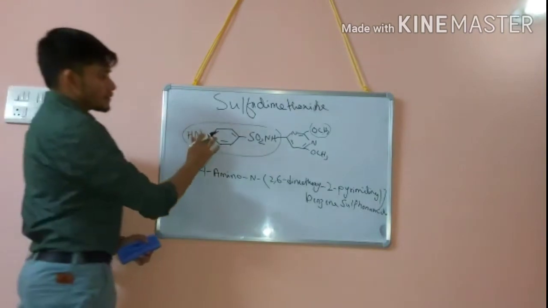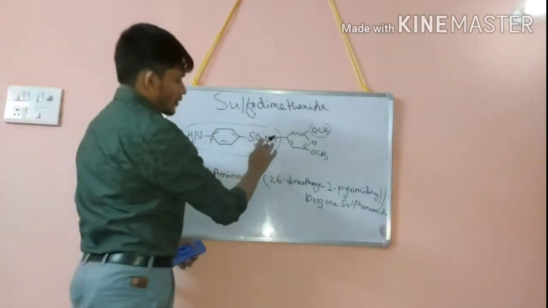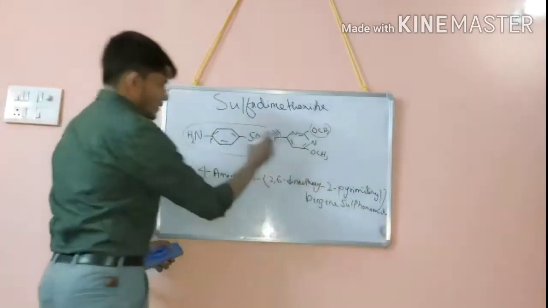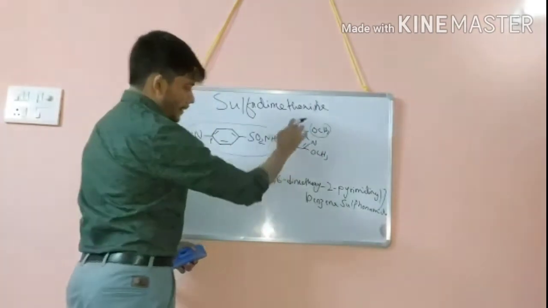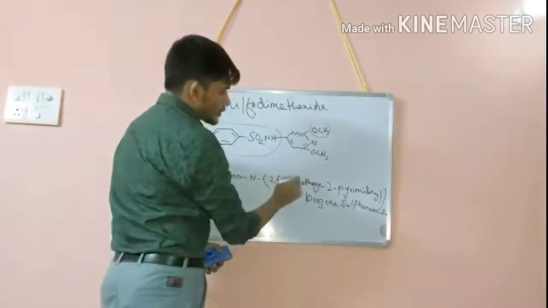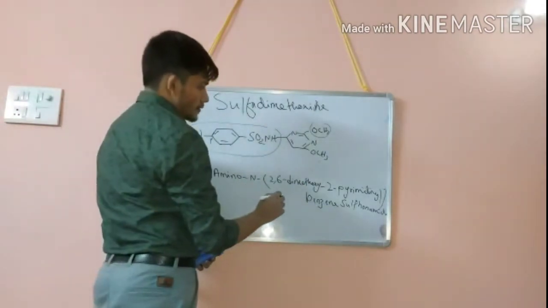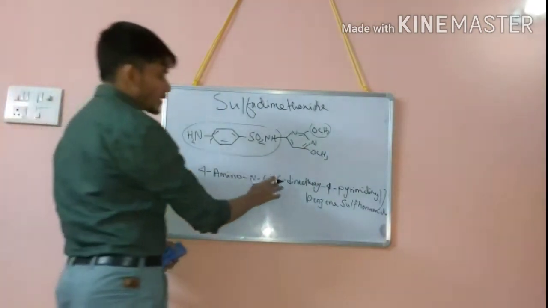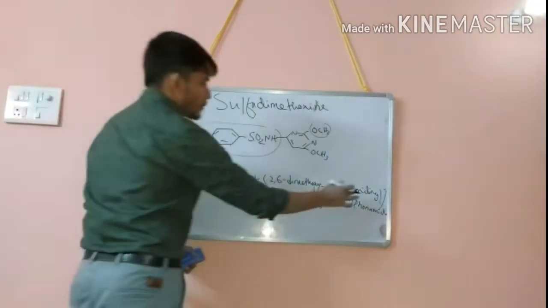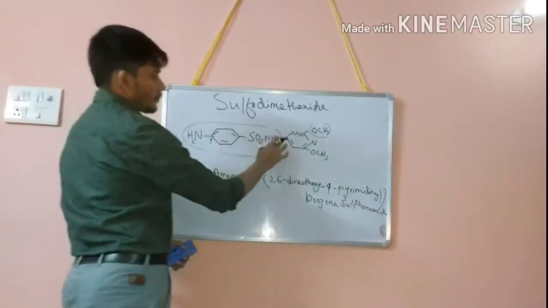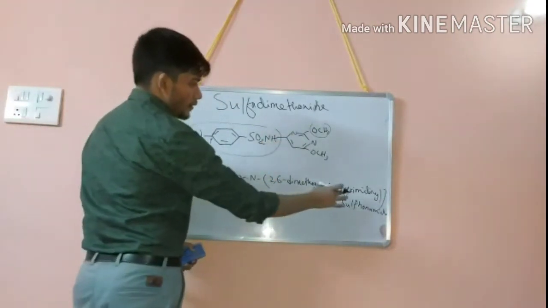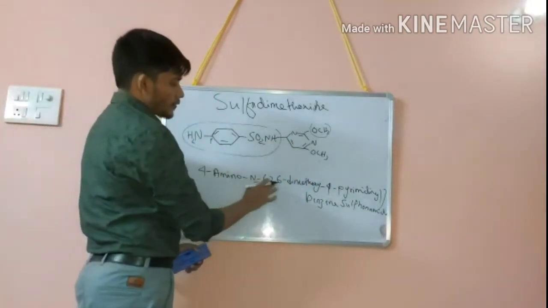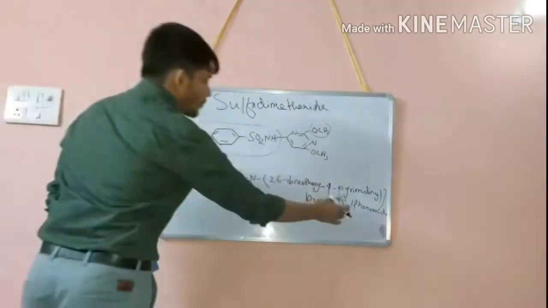In the fourth position, amino, then the N of this benzene sulfonamide is containing your pyrimidine ring, with the 2,6 dimethoxy 4 pyrimidinil, because in the 4th position we are getting one connection. Okay, so it is 4 amino and 2,6 dimethoxy 4 pyrimidinil benzene sulfonamide.